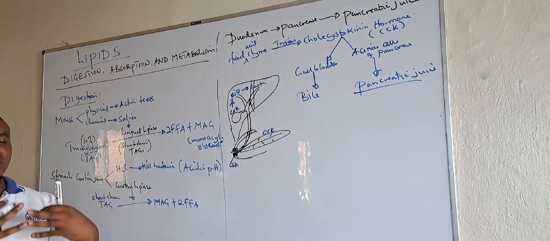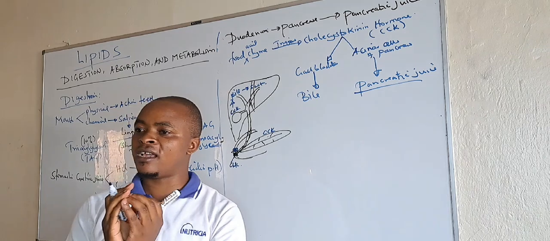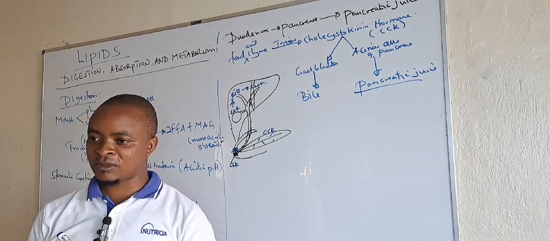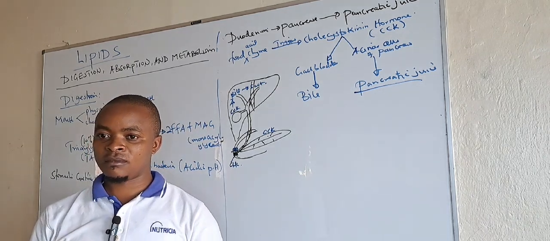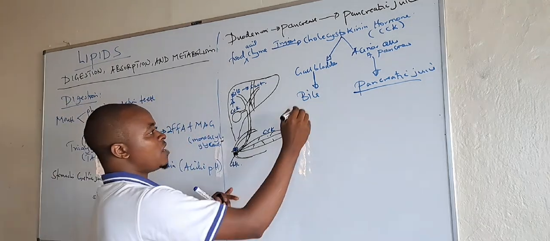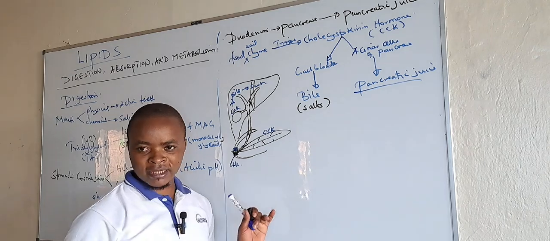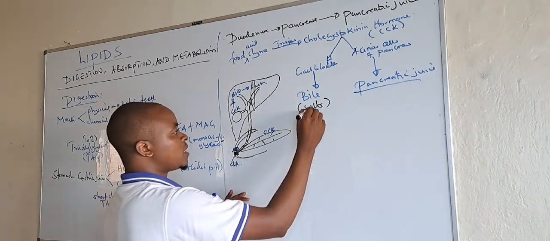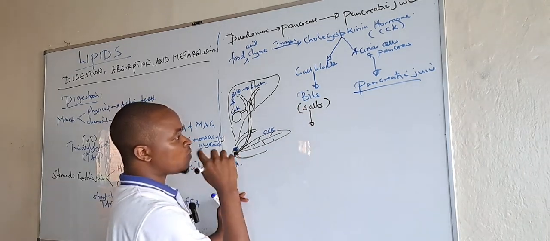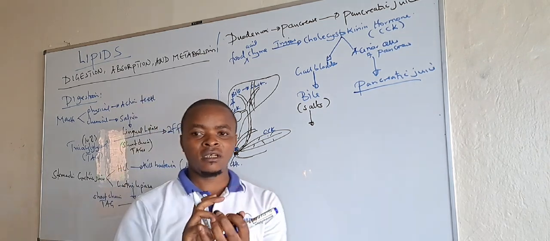And all these work hand in hand for the digestion of lipids, because we know major digestion of lipids occurs in the duodenum. After production of bile, this bile containing bile salts and bile acids will go and cause what we call emulsification of fats. They solubilize the fat.